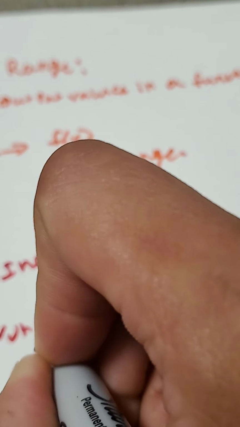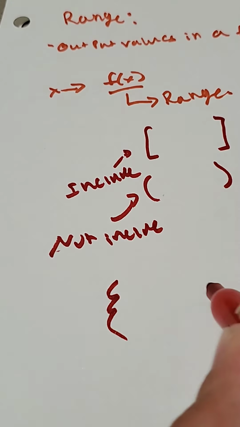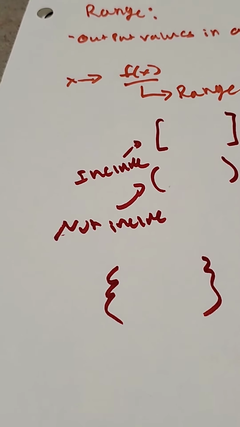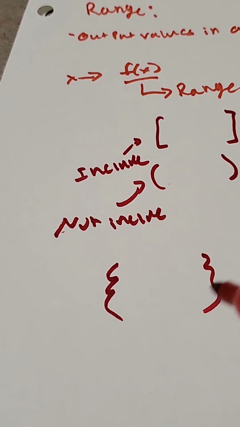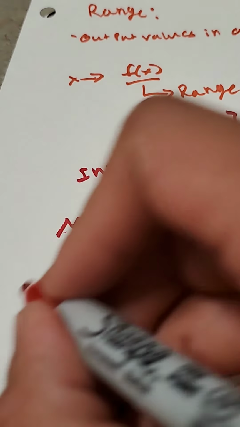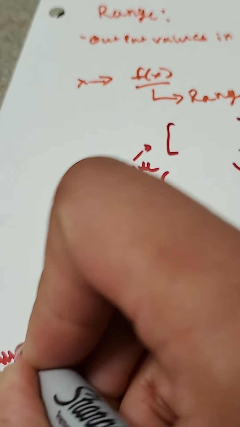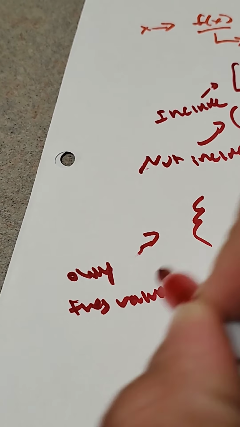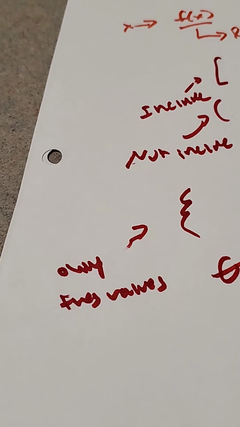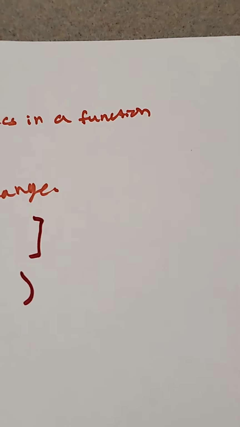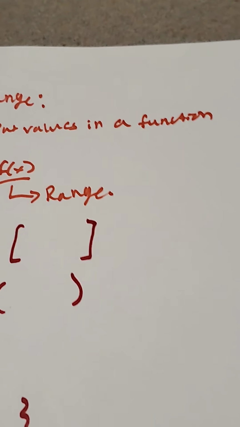You can also write it as set braces, meaning, like we saw with equations, we only consider these values. Or the empty set, which means the set braces are empty. If there isn't anything in the set braces, we don't consider anything.